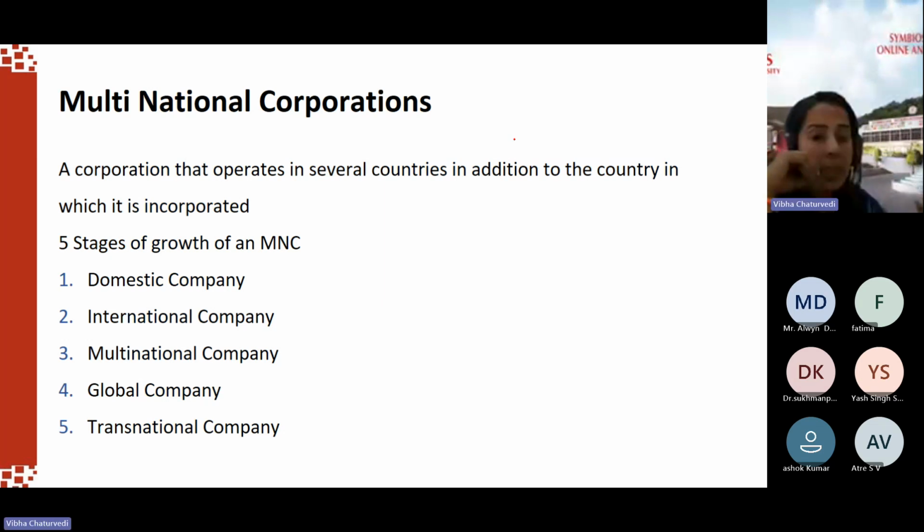The second step to becoming an MNC is you become an international company. By becoming an international company, you try to extend your business operations like marketing, manufacturing, and other activities beyond the national boundaries of your home country.